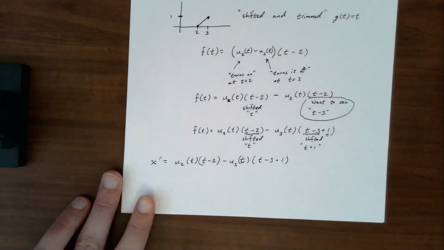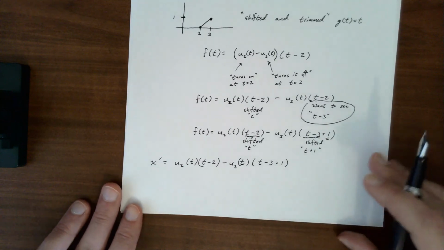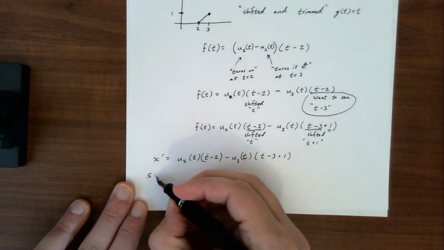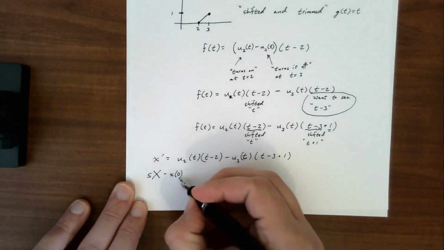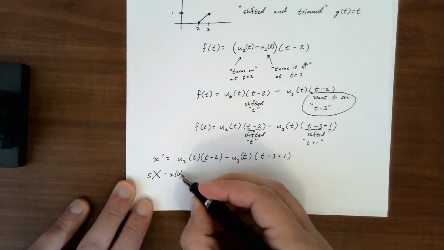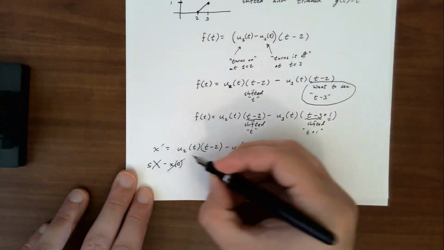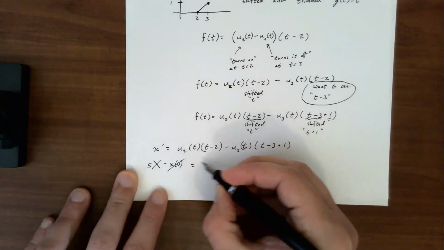And now we do what we do, which is apply the Laplace transform to both sides of this to get the usual sX minus x of 0, which here is equal to 0 by our initial condition, is equal to, now right here, what do we have?